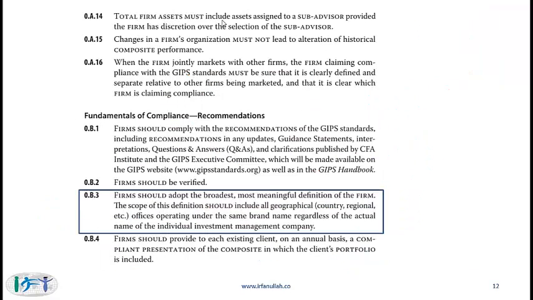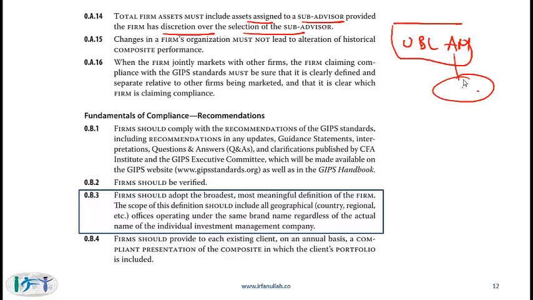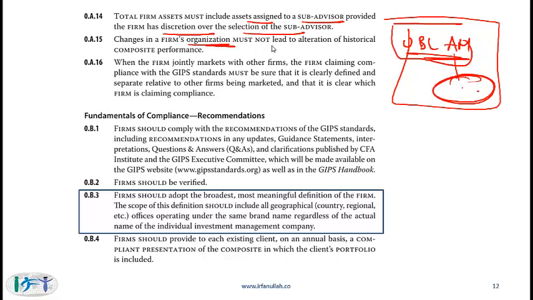Total firm assets must include assets assigned to a sub-advisor, provided the firm has discretion over the selection of the sub-advisor. So let's say our firm is UBL Asset Management and some of the portfolios are managed by a sub-advisor. So the assets managed by the sub-advisor also fall within the total assets that are reported by UBL Asset Management. Changes in a firm's organization must not lead to alteration of historical composite performance.